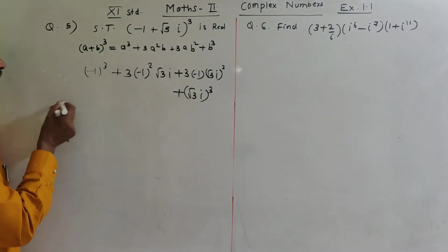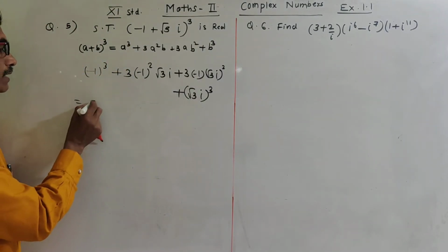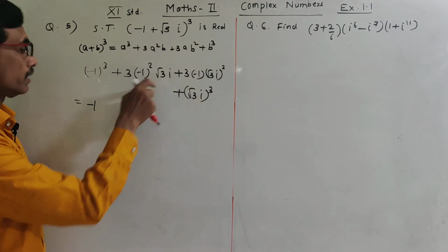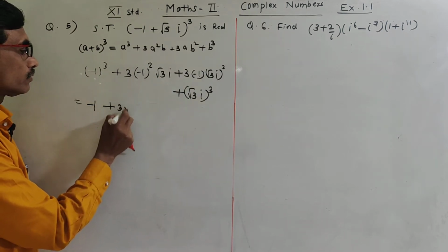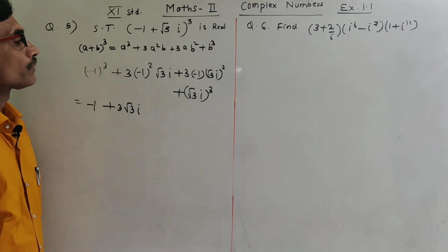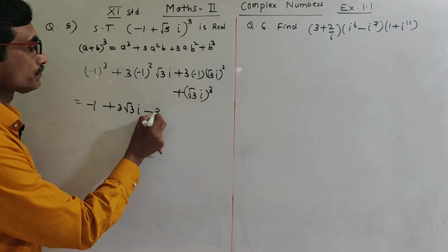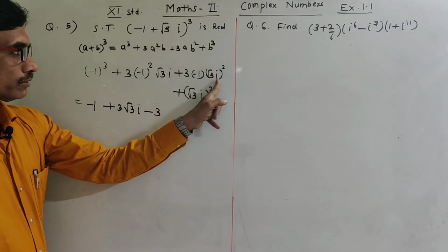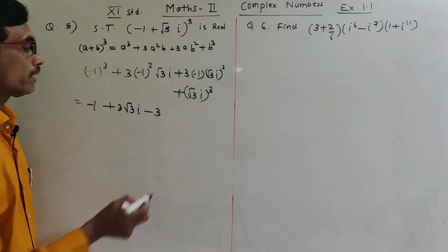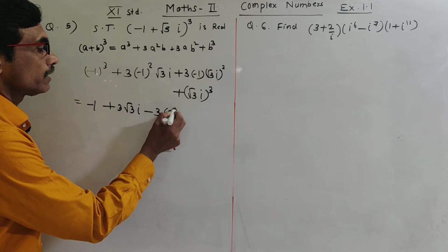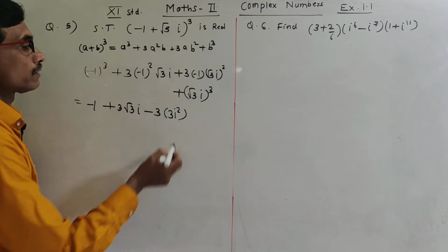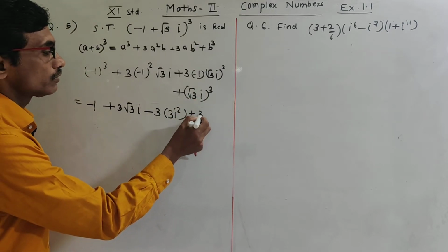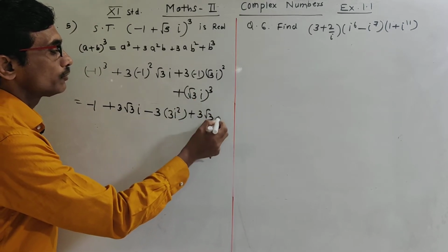Further we solve, it is equal to -1, this is 1, and 3 plus it is 3√3i minus 3 into (√3i) square. (√3i) square will be 3i square, so 3i square, then plus (√3) cube, that is 3√3, and i cube.